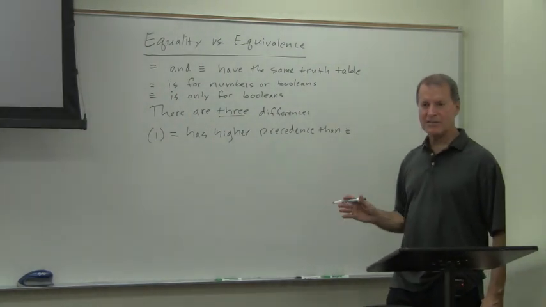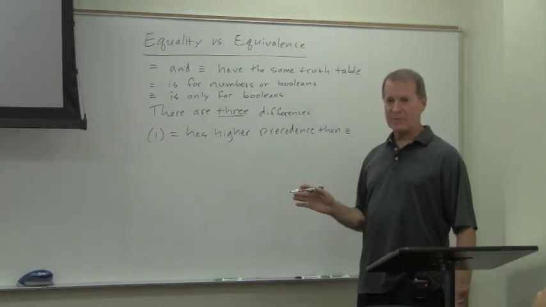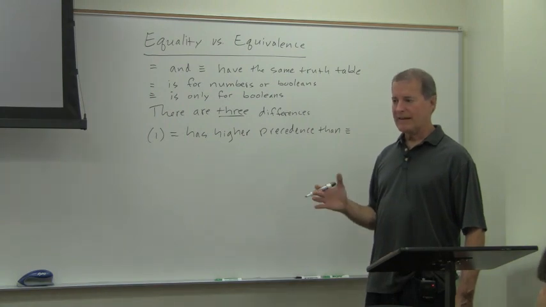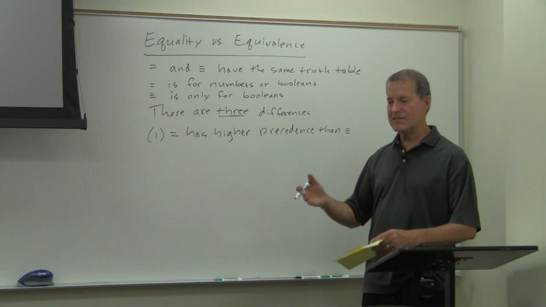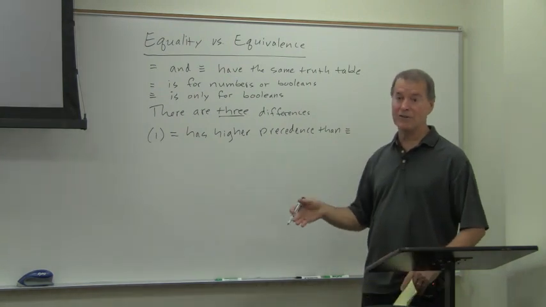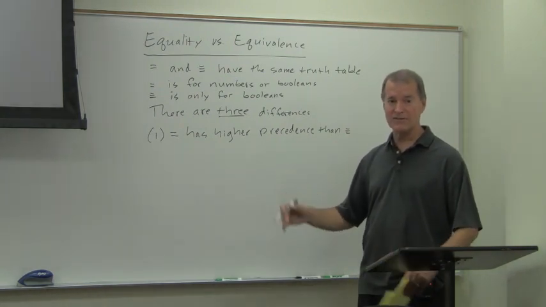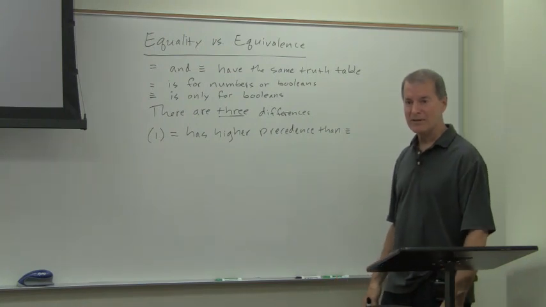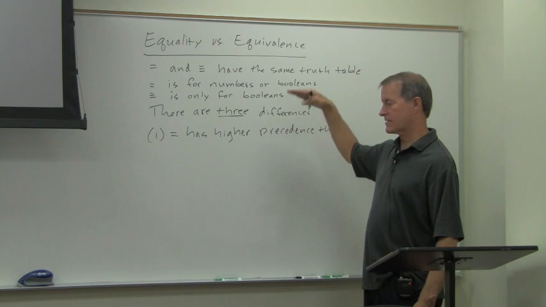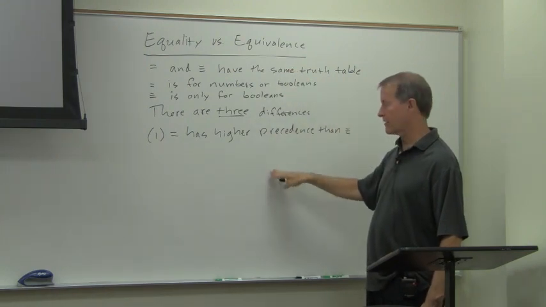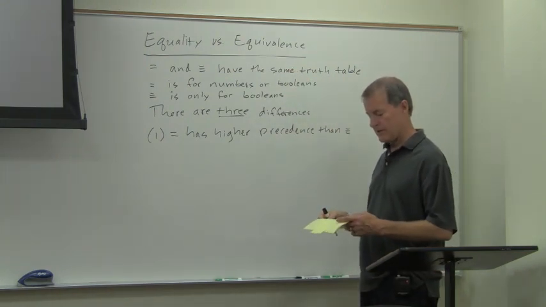You know that precedence table that we had at the beginning? That's just how the people who devised this system defined it. You can define it however you want, and as long as you're consistent, that's the rule. If you look on that precedence table, equals is way up here and equivalence is way down here. So equals has higher precedence than this.